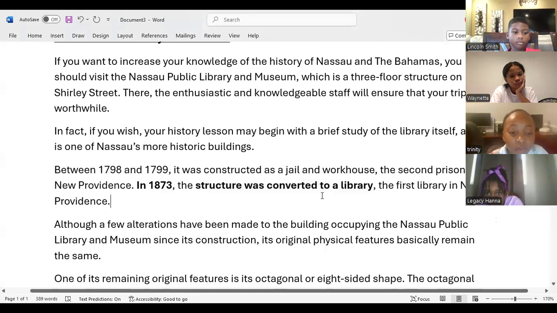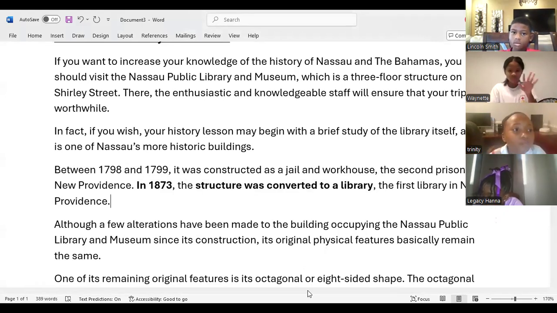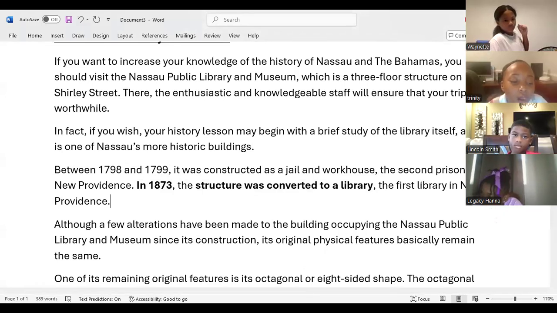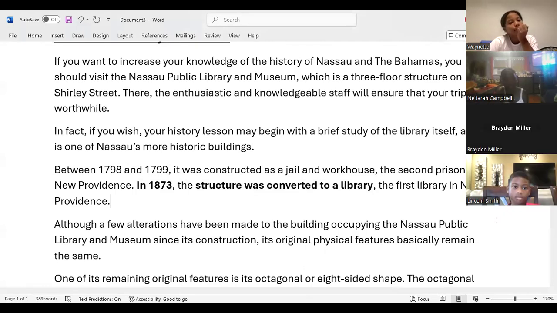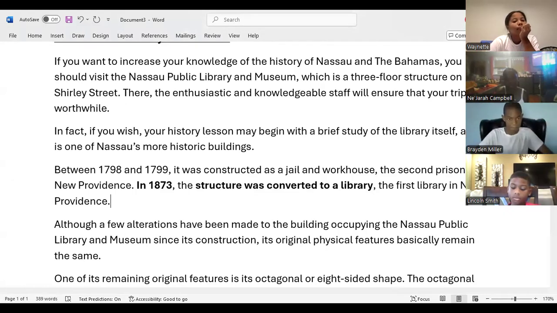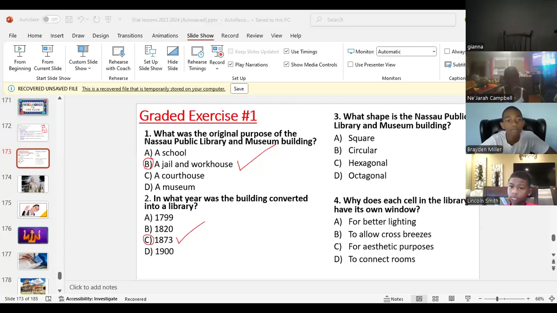A library. So the answer is 1873 for B. How many persons got that for B? I got that. Very good. All right, number 3.